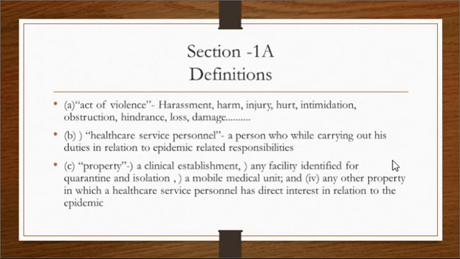We call them healthcare service personnel. Also, a person declared by the state government by notifying in the official gazette that such and such person is a healthcare service personnel will be included under Section 1A Clause B.